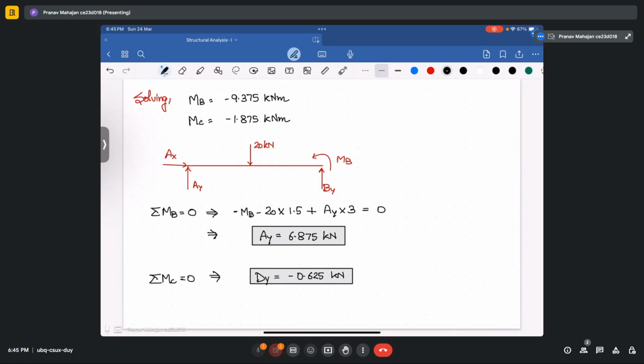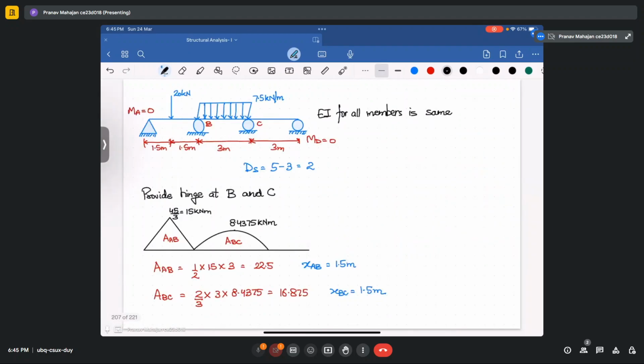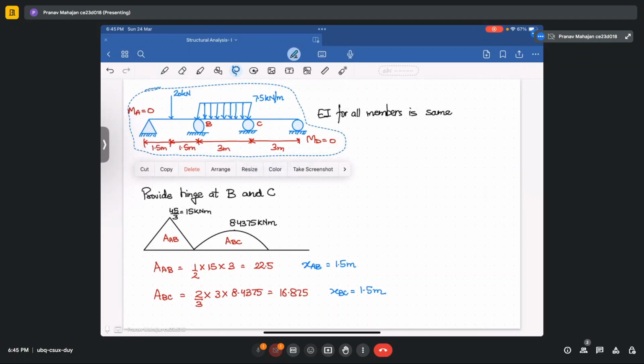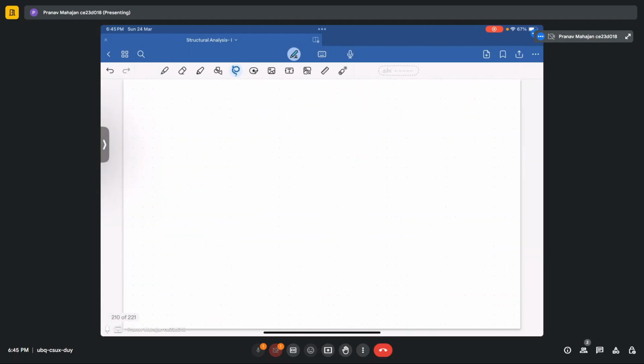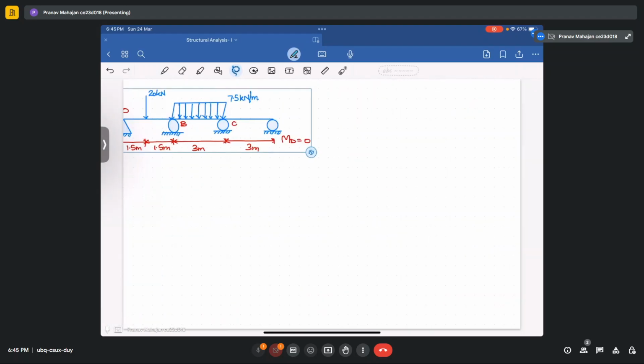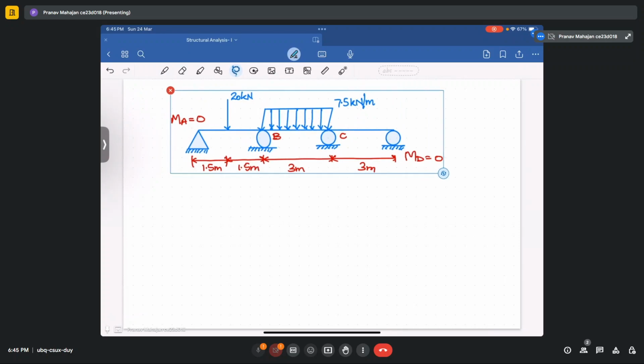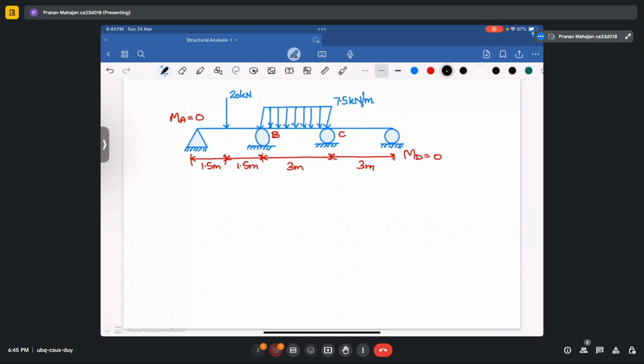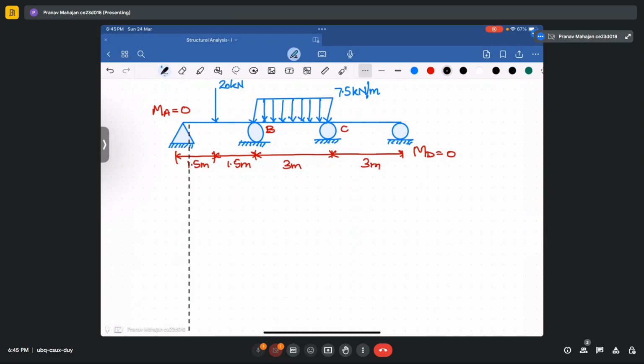Okay. So now let's draw the bending moment diagram for this whole figure. Let me take this figure. Suppose this is our figure. Now we will not apply, we will just draw the bending moment diagram.